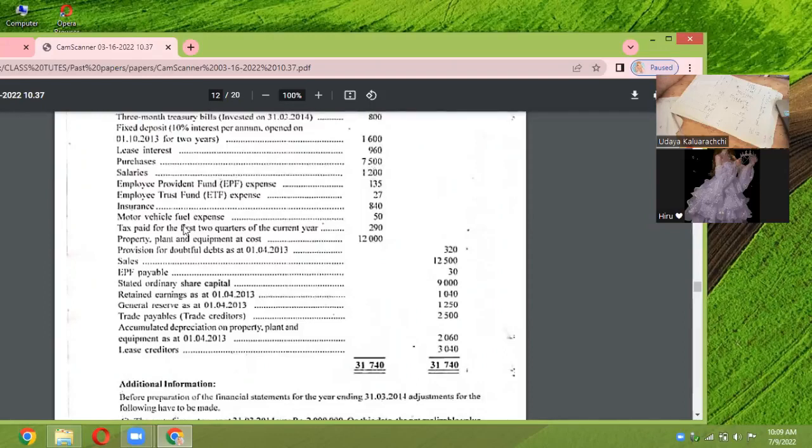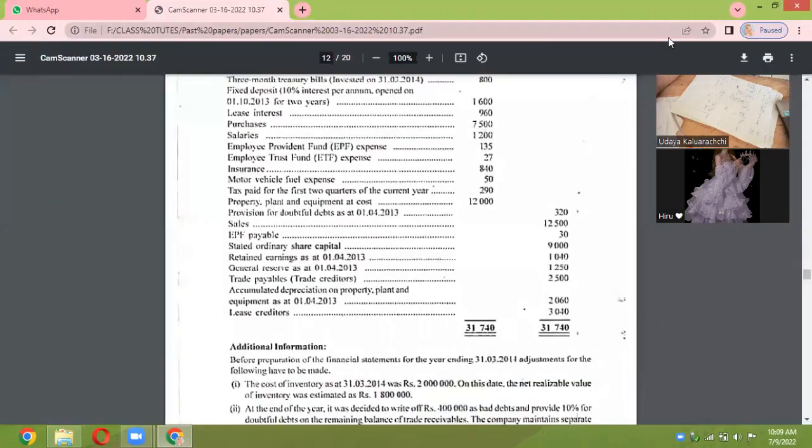The tax paid for the first 2 quarters of the current year is 290.